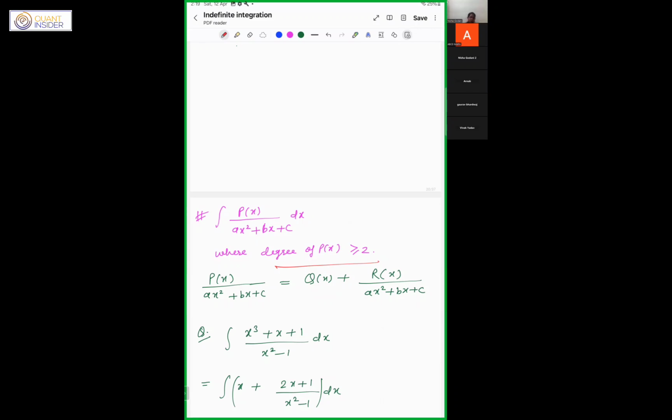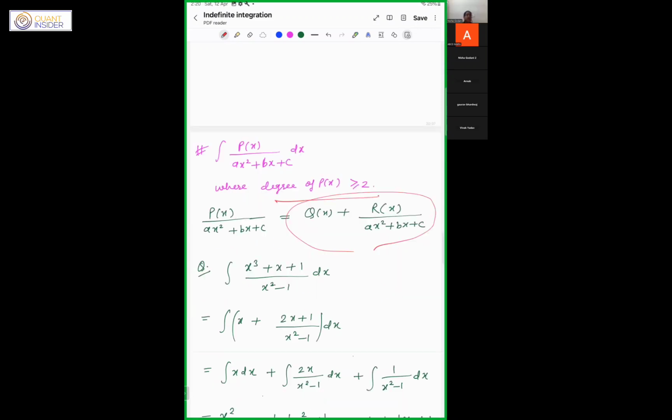So how will you proceed? You will divide px by ax square plus bx plus c, and then you have this form: the quotient function qx plus the remainder rx upon ax square plus bx plus c.